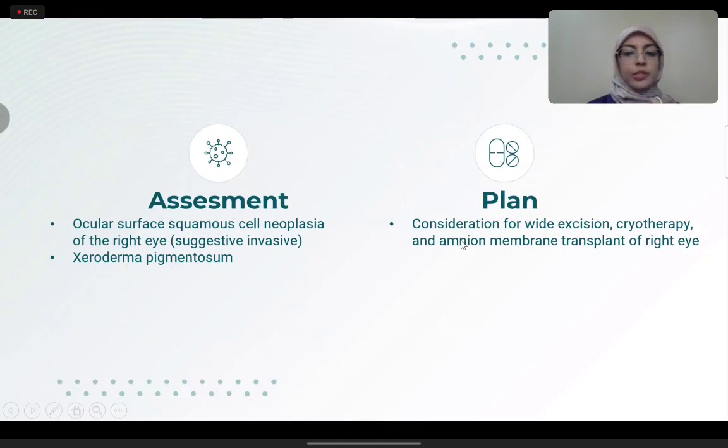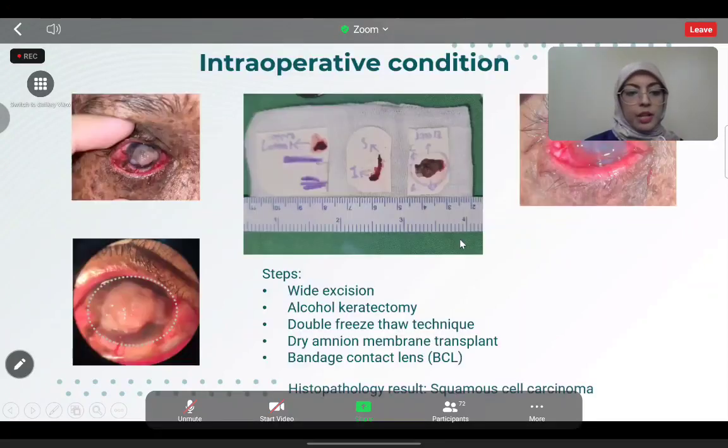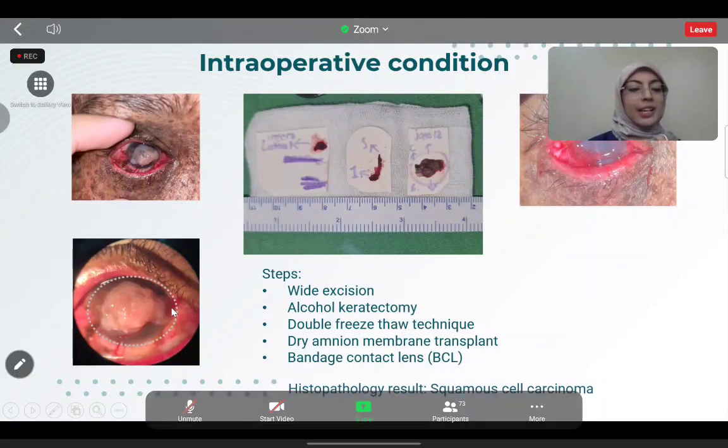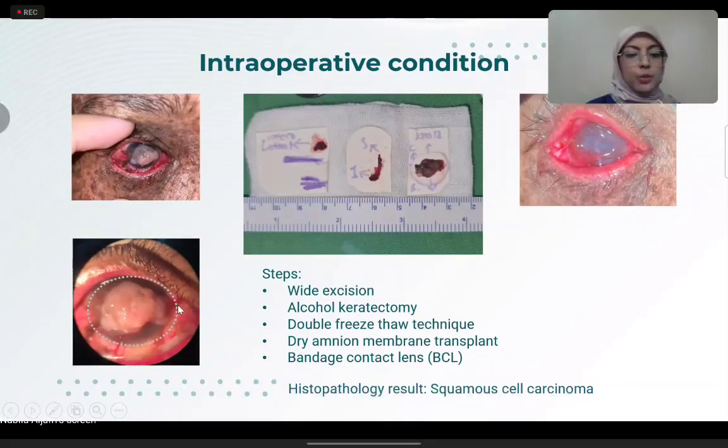and planned for surgery. During the surgery, first we marked 3 to 4 millimeters for the white excision and carefully excised the tumor with alcohol keratectomy and did a double freeze-thaw technique.